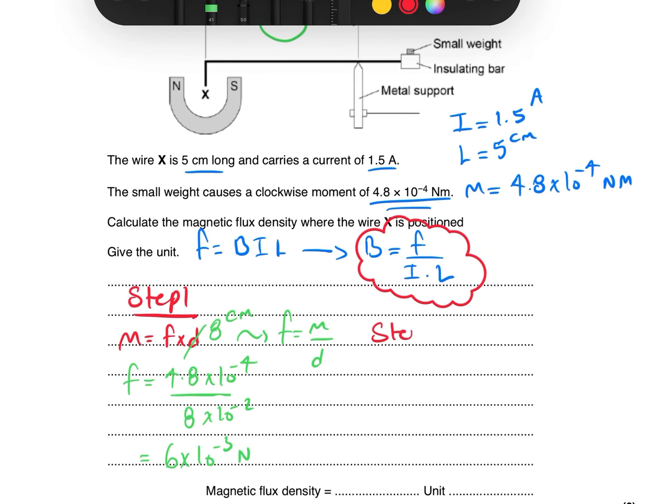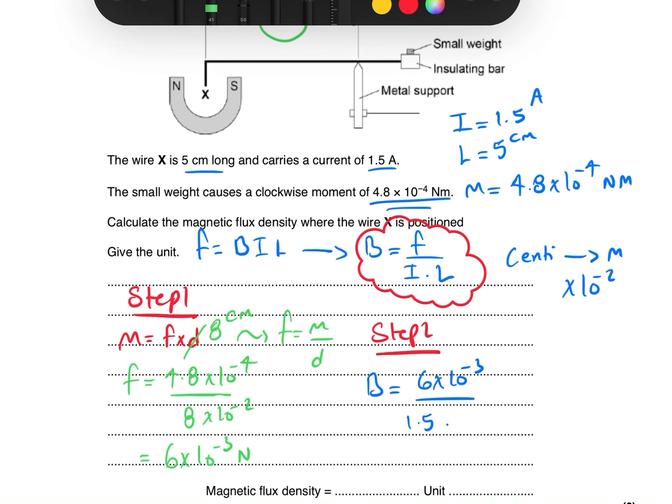Now, step 2 of this question is to simply put this back inside. B is equal to force, which is 6 times 10 to the power of negative 3, divided by the current, which is 1.5 amperes, multiplied by the length, which is 5 centimeters again. And again, don't forget to convert centimeters to meters by multiplying by 10 to the power of negative 2.